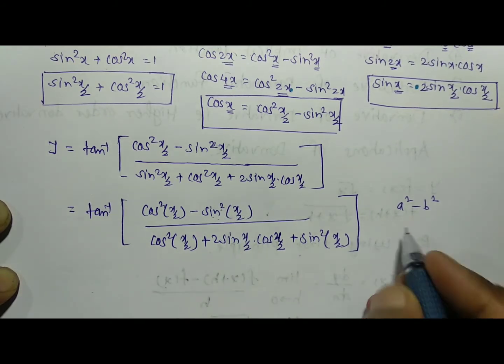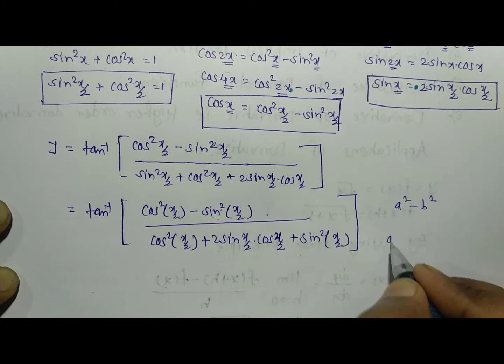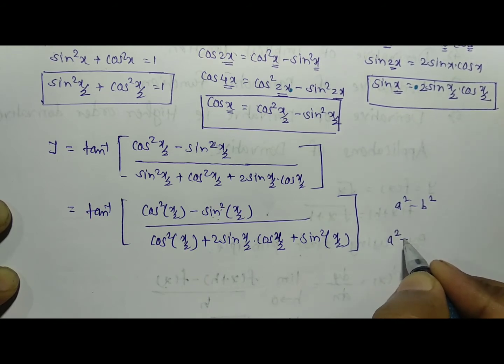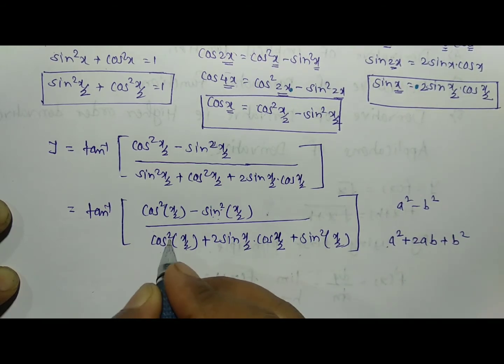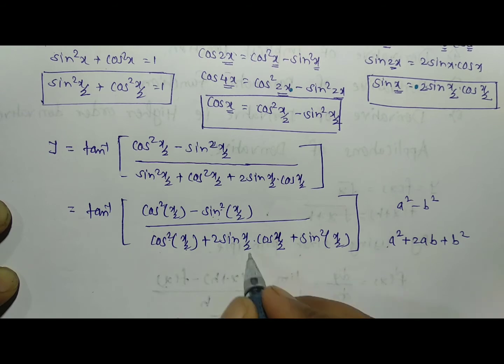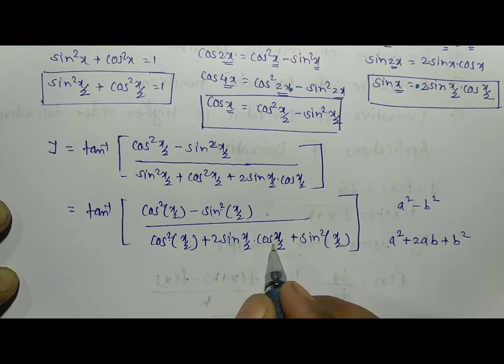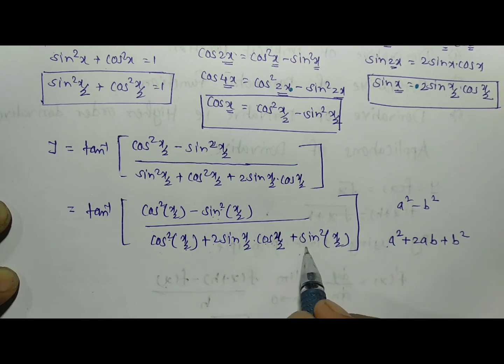Similarly, this is the same as the formula a square plus 2ab plus b square. That means a is cos x/2 and its square is here, and you will get 2 times a into b, that means sin x/2 and cos x/2, and b square is here.